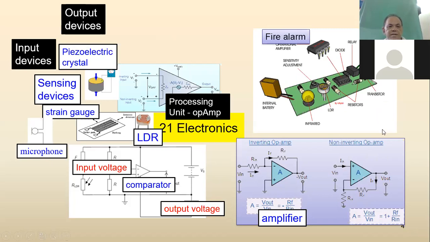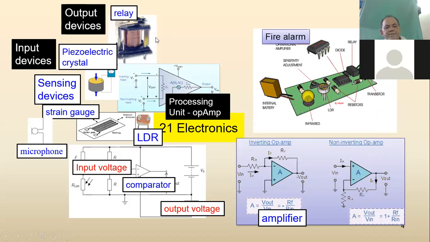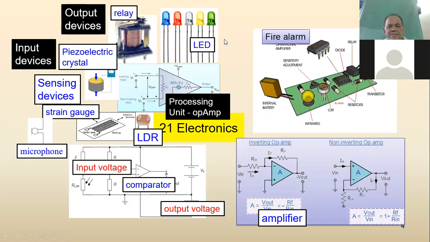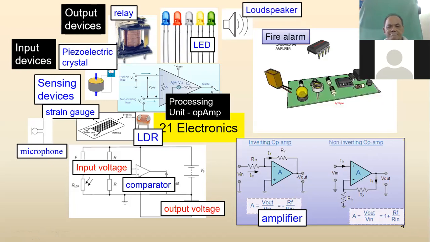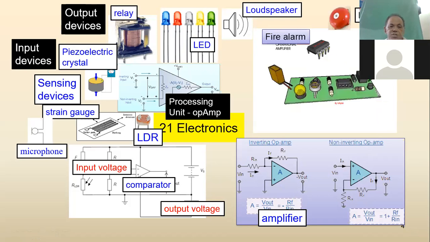So we have output devices. We have a relay. An LED shows us visually by the color of the light what has changed, or a loudspeaker, or it can be a fire alarm warning us something is wrong.